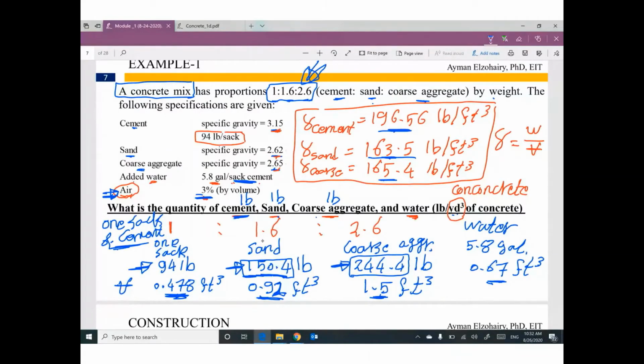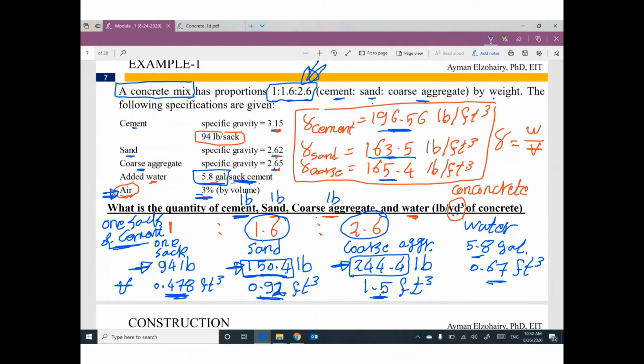So 94 pound will need 150.4 of sand based on this ratio, will need 244.4 pound of coarse aggregate based on this ratio, and the problem said 1 sack of cement need 5.8 gallon of water.